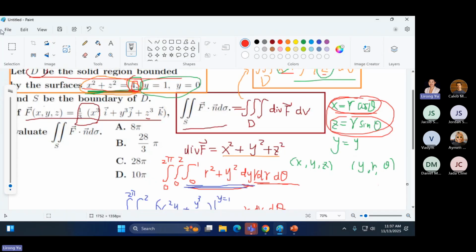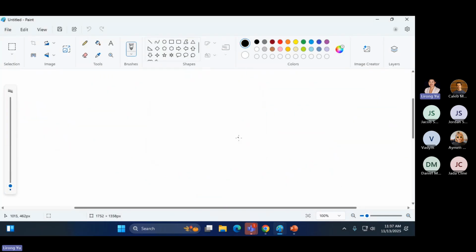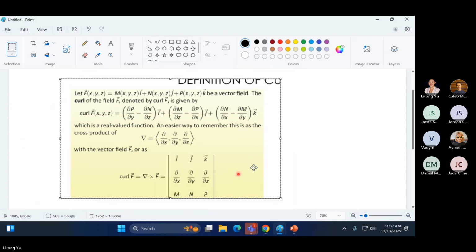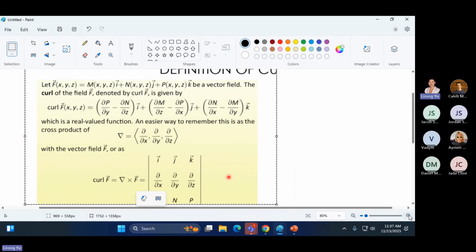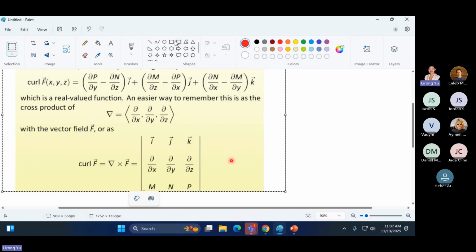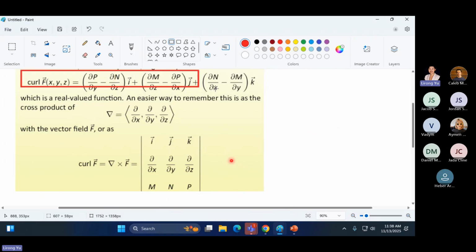I find this easier to operate, but you should work it out like this. Basically, this is the definition of curl. A lot of people find this difficult, even after we learn curl and still have calculus, to understand what curl is.